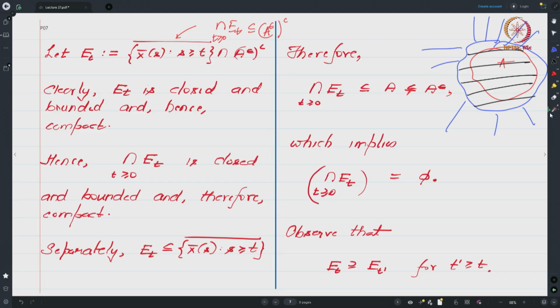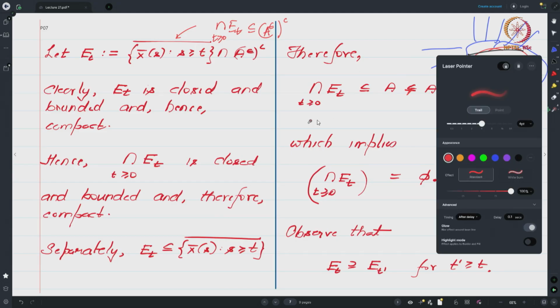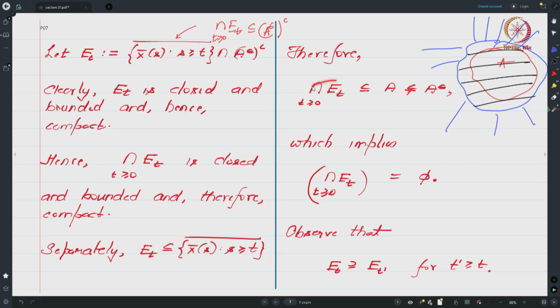And here we have separately shown that your intersection of Et is a subset of A epsilon. Now, if you have a set which is a subset of A epsilon and A epsilon complement, one can immediately conclude that that can only happen when the intersection of Et is actually empty. So, what we have shown so far is that your intersection of Et is empty.